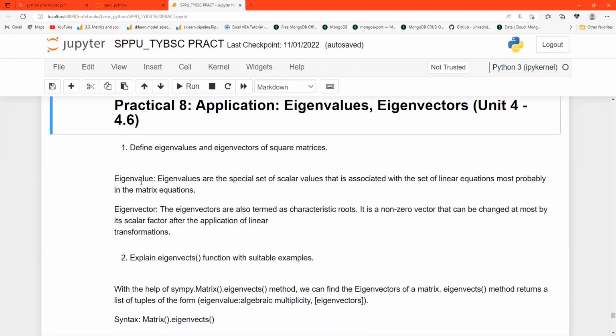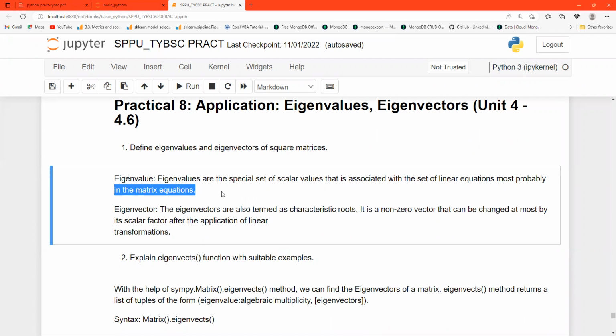Okay, so this is the definition that I have given in mathematics. Eigenvalues are a special set of scalar values that is associated with a set of linear equations, most probably in matrix equations. We can find eigenvalues of any matrix by using the equation determinant of A minus lambda I is equal to 0.